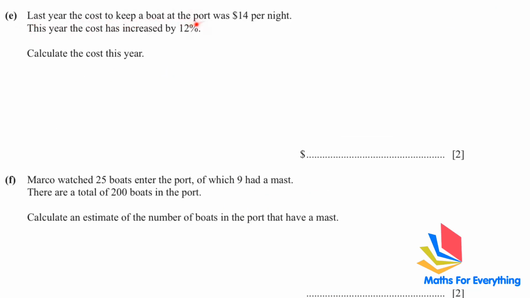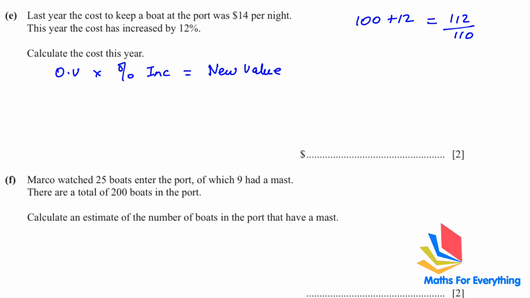Last year, the cost to keep a boat at the port was $14 per night. This year, the cost has increased by 12%. Calculate the cost this year. To find the new cost, we use the formula: the original value multiplied by the percentage increase will give you the new value. It is an increase, so we will add 12 to 100, we'll get 112, and then divide the answer by 100.